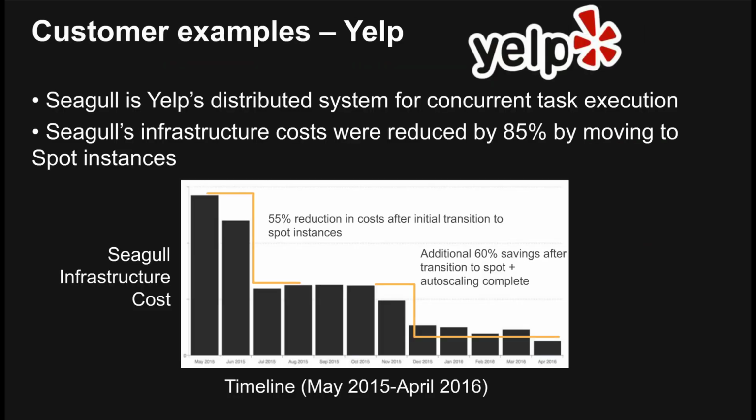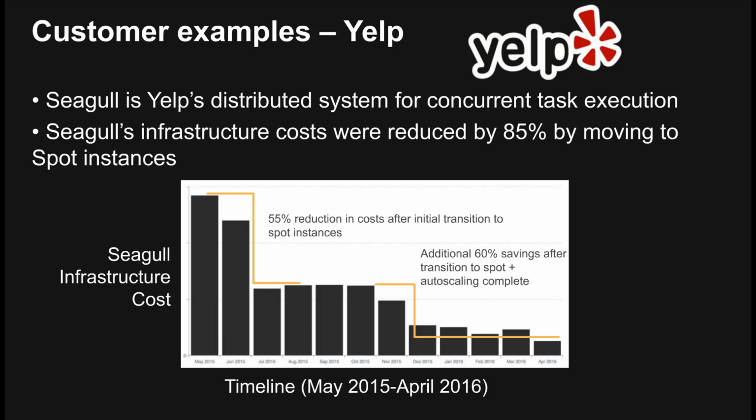Second customer example is Yelp. Yelp gave a great talk at the most recent re:Invent back in November of 2016. Yelp has built an internal system called Seagull, which is their own internal distributed system for concurrent task execution. They built out this Seagull system and were able to migrate it to spot instances over a period of just under a year.